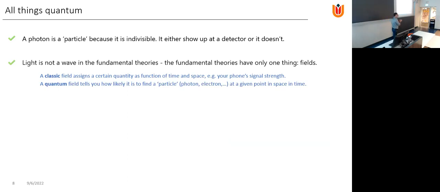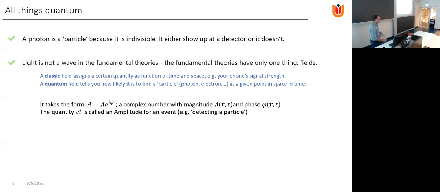It also assigns something in space and in time, but it assigns likelihood. So how likely or how probable it is to find a particle, in this case a photon, at a certain place at a certain time. So that's the quantum field in this case. That quantum field takes this form in complex notation.